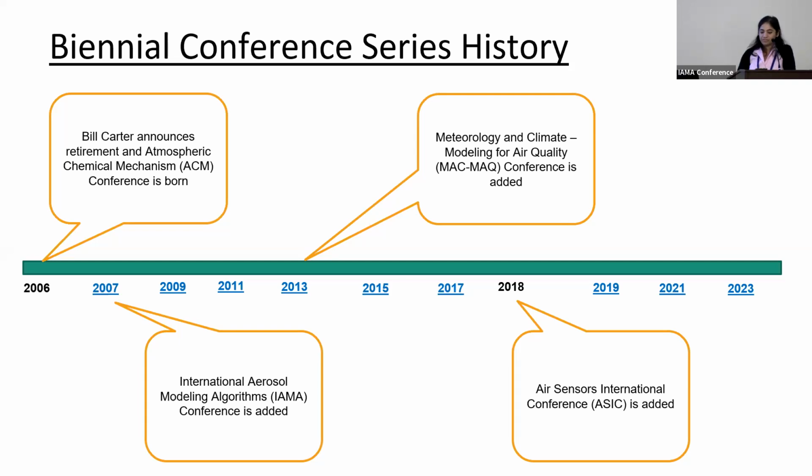CARB uses these conferences in two ways. One is to gauge where the academic research is going, so we can better plan for the future, and as a way to inform all of you about issues or concerns that are relevant or arising in the regulatory community.